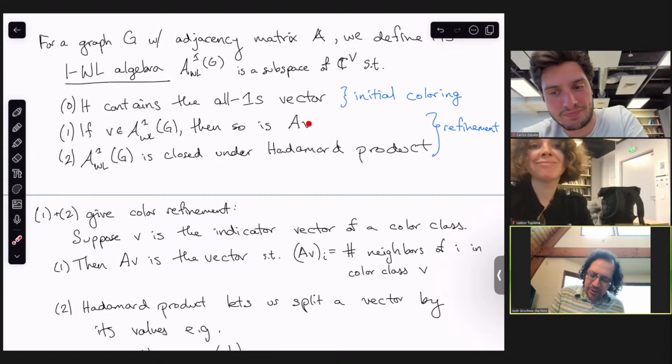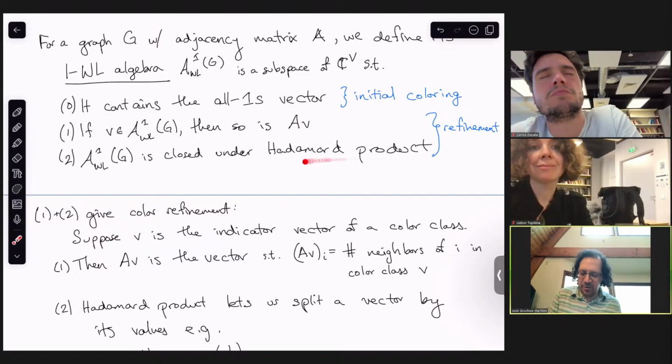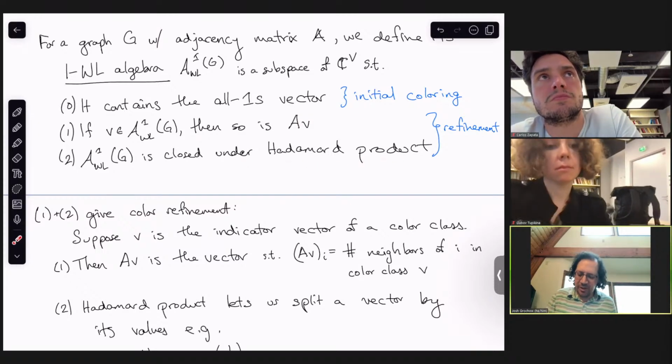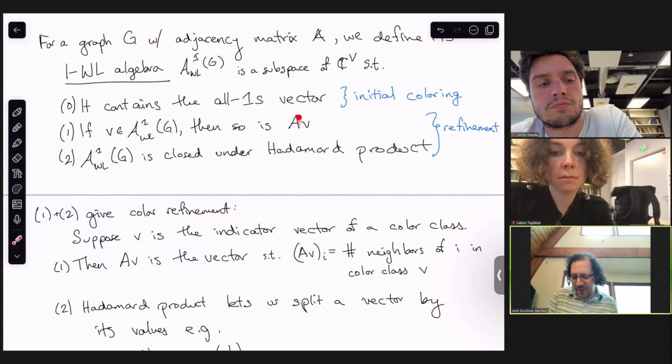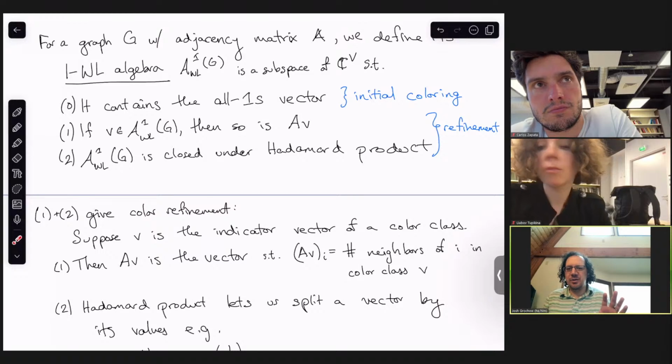Okay. So right. Okay. So the claim is that these two, multiplication by the adjacency matrix and closure under Hadamard product, give you this color refinement. And one thing I'll say to have in mind is this adjacency matrix, I'm not a physicist, but I think it sort of plays a role analogous to the metric tensor, like in the talks on the first day.